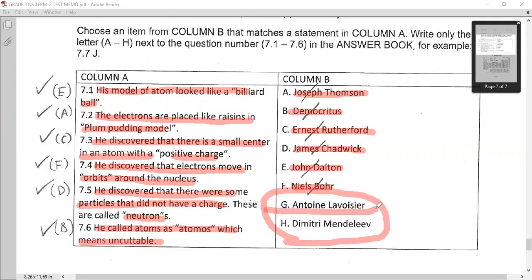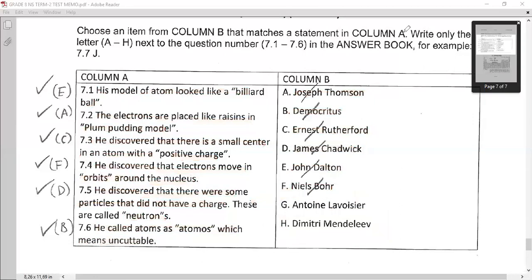And Antoine Lavoisier was talking about the gas laws. And Dmitri Mendeleev, he's the one who discovered the periodic table of elements. These are not given in 7.1 to 7.6. So 7.6 is B. That's how we answer these questions.